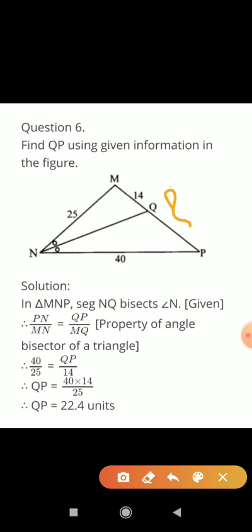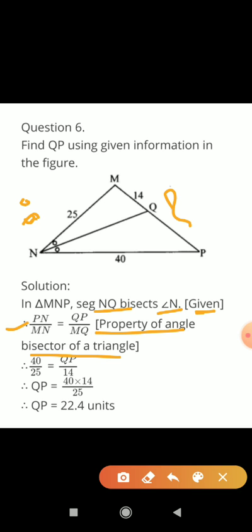So in triangle MNP, segment NQ bisects angle N, and it is given. Now why given? Because in the diagram the same sign indicates both angles are equal. So by the property of the angle bisector of a triangle, here we have the formula PN upon MN is equal to QP upon MQ.